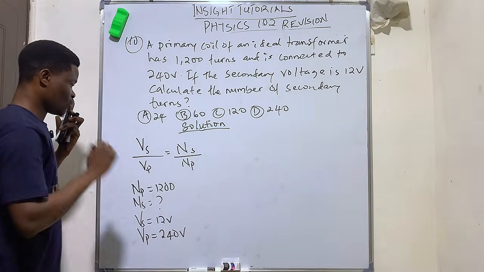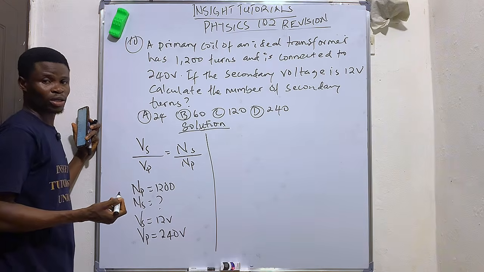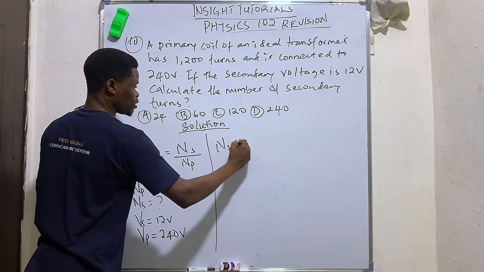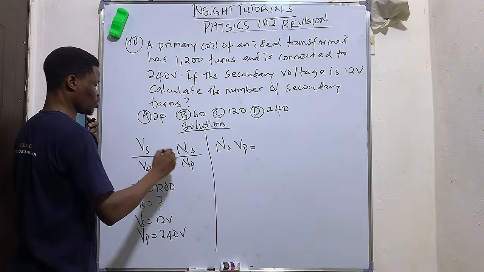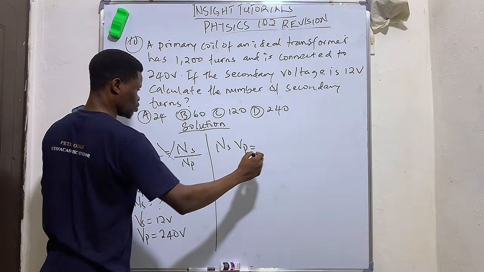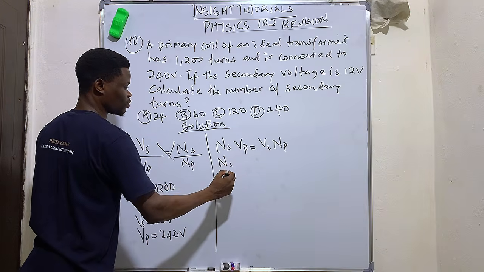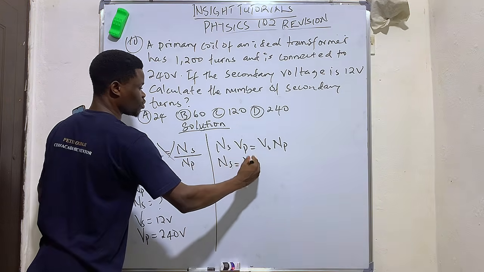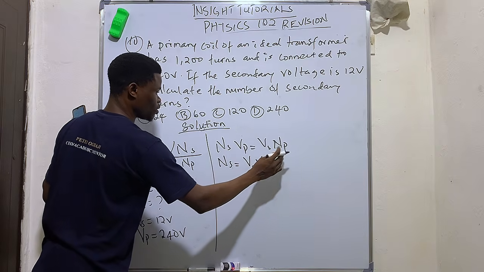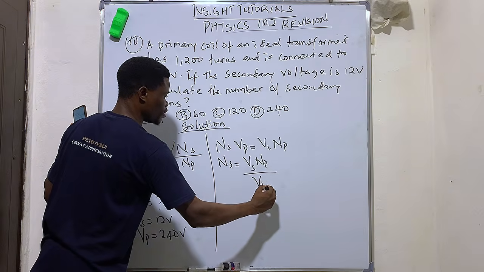So for us to solve this in a very simple manner, we're going to cross multiply so that we can make the number of turns for secondary the subject of the formula. Ns times Vp equals Vs times Np. So we're looking for the number of turns for the secondary coil, which equals Vs Np all over Vp.